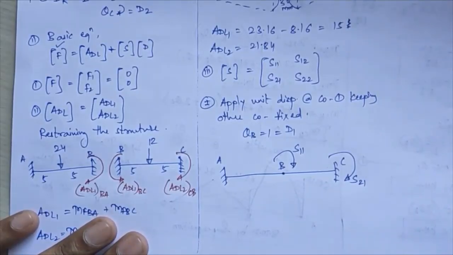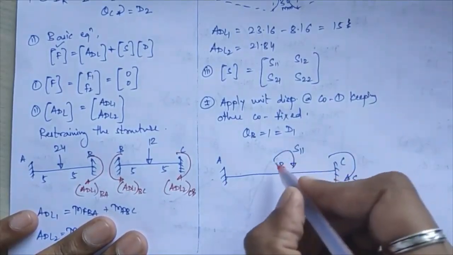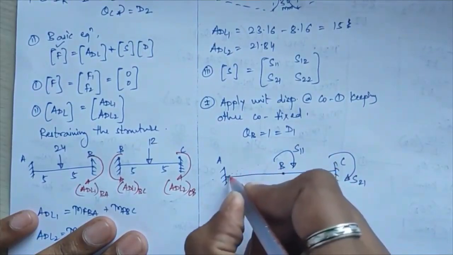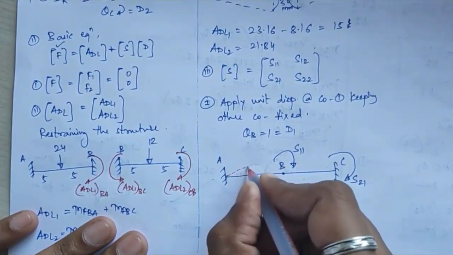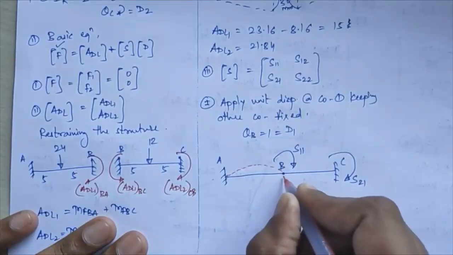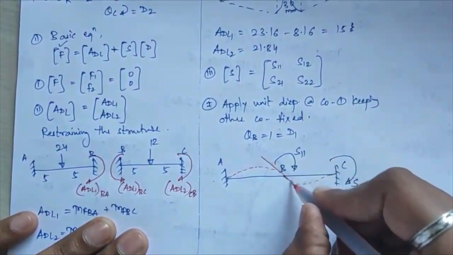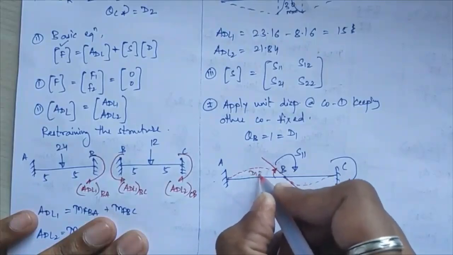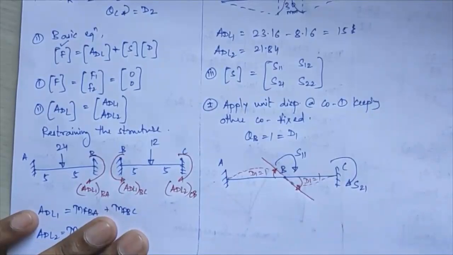Now if you see the deflected pattern, from the side where moment S11 originates, that side will be your deflection pattern, so it will come in this way. And for BC it will go in the downward direction, which shows this slope value, that is D1 will be equal to 1, and same way here also D1 will be equal to 1.